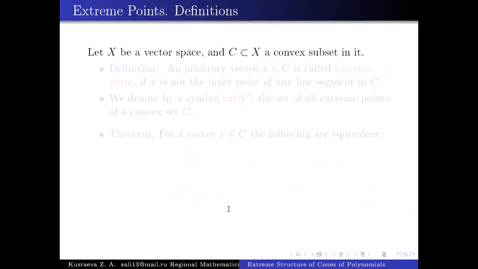Of course, we will need the definition of an extreme point.